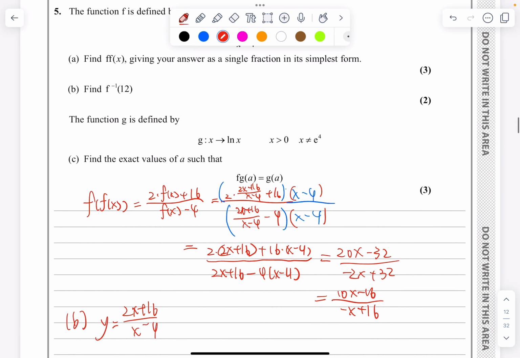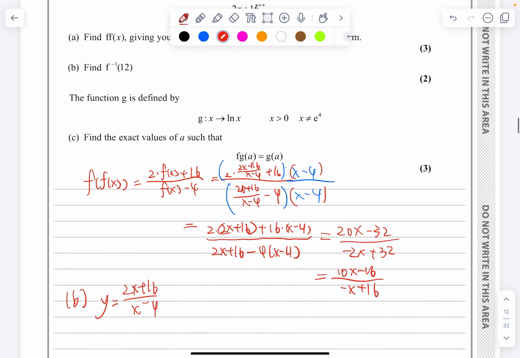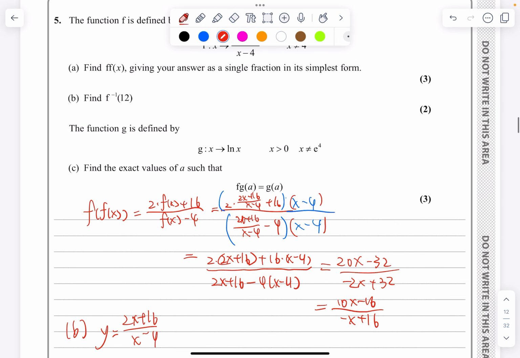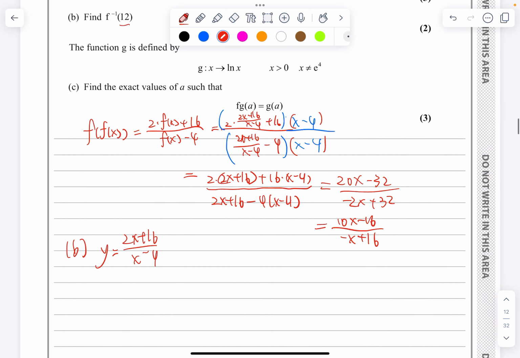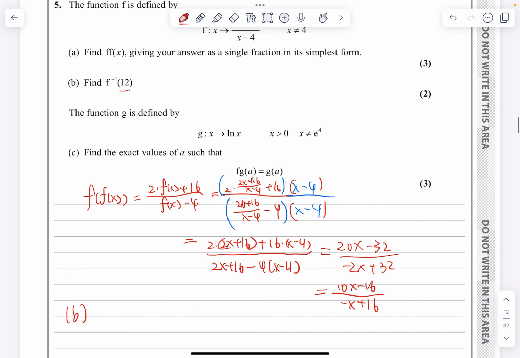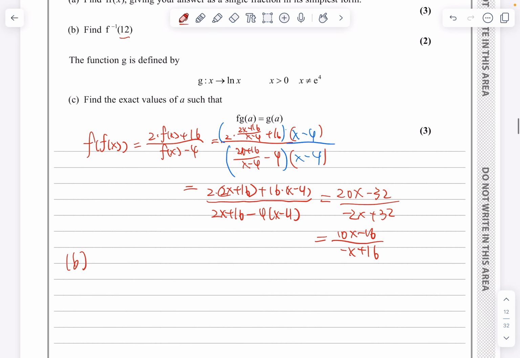This is the way that I find f inverse. Wait, do I have to find f inverse actually? Because I have the value here. I think we don't.